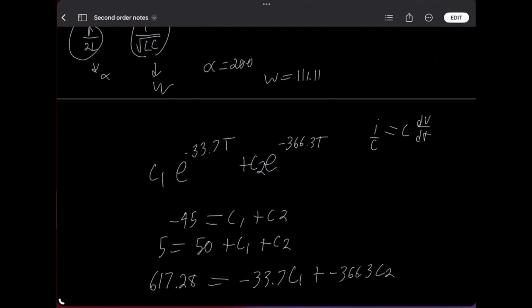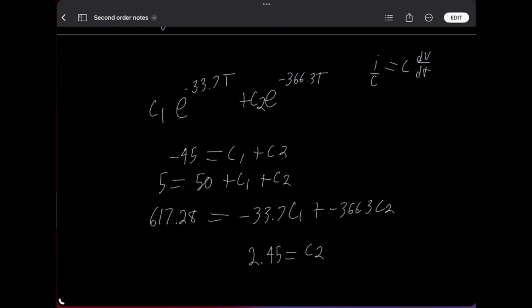Once you grab those numbers, you should get e to the negative 33.7t plus c2 e to the negative 366.3t, two real roots, and then you solve for your c1.